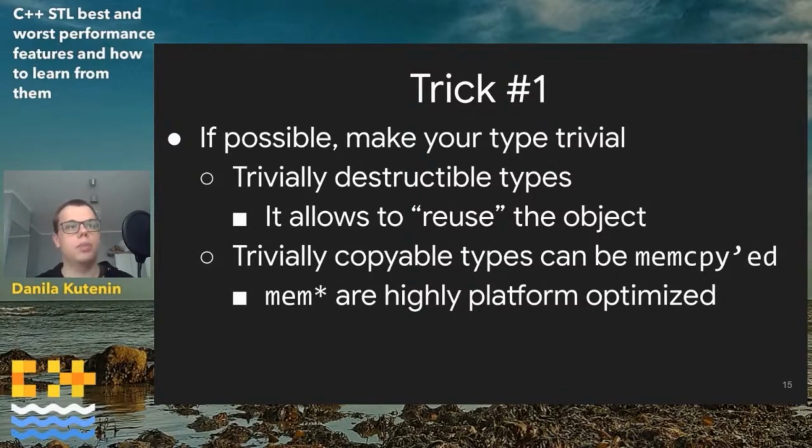For example, if your type is trivially copyable by C++ standards, as we've seen in the example before, your type can be mem-copied or mem-moved. These functions are highly platform optimized. So once again, I believe you cannot do any better than these functions.